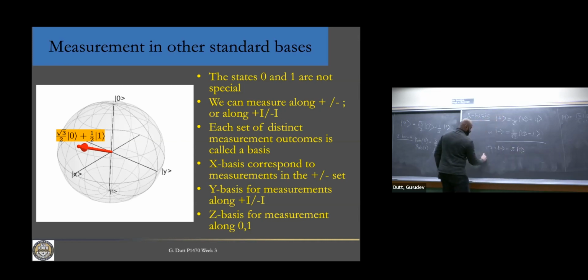So we get ket 0 is equal to 1 over square root of 2 times ket plus plus ket minus.